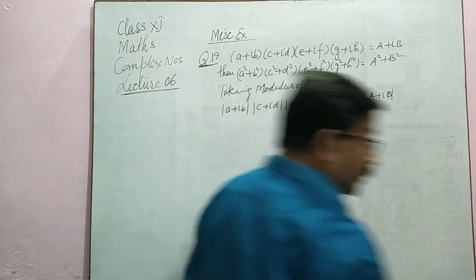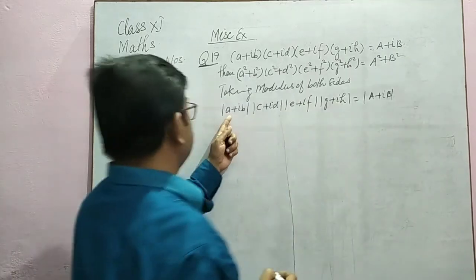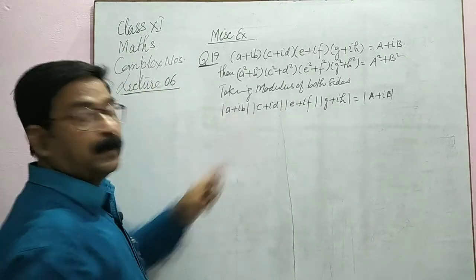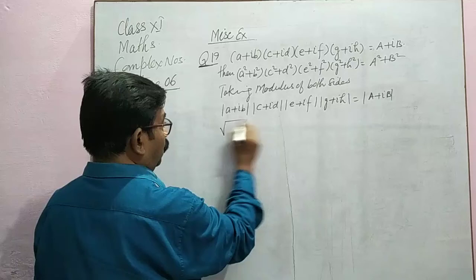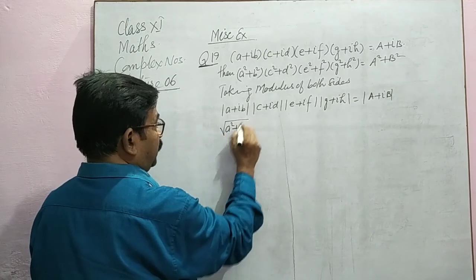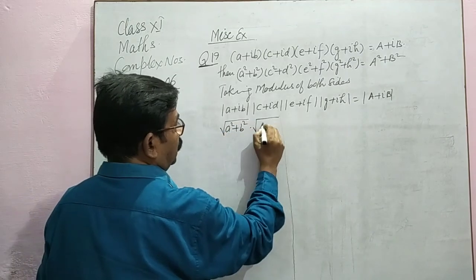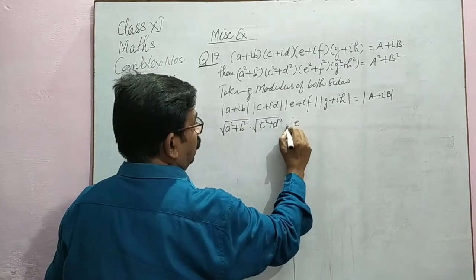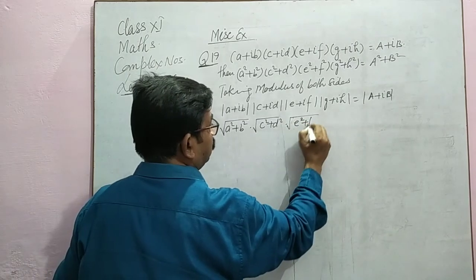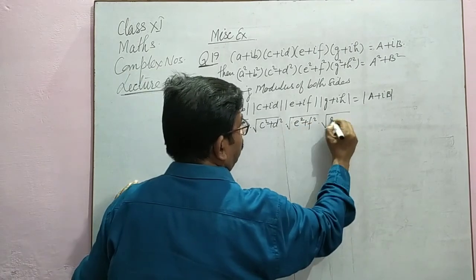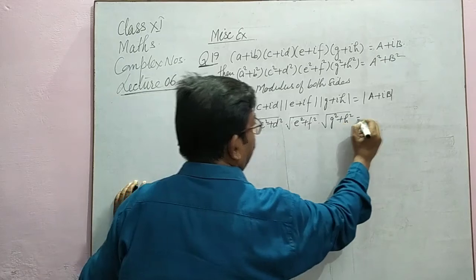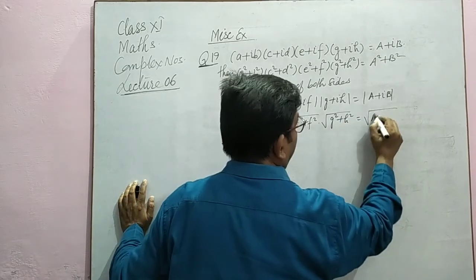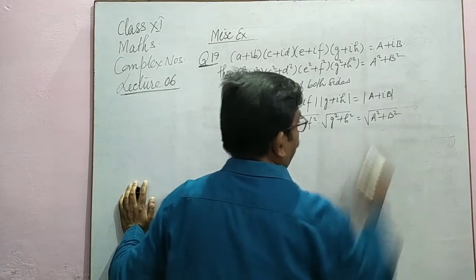And we know that the modulus is the square root of the sum of squares of the real and imaginary parts. So we have root of a square plus b square into root of c square plus d square into root of e square plus f square into root of g square plus h square is equal to root of A square plus B square.